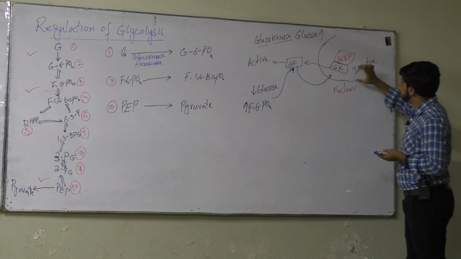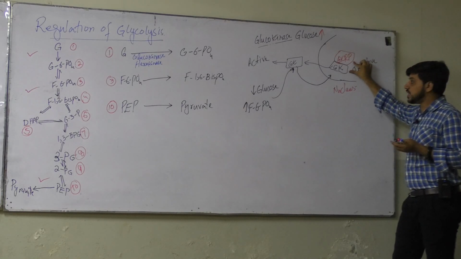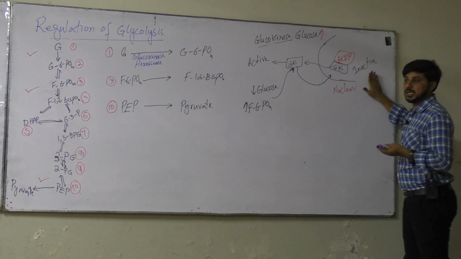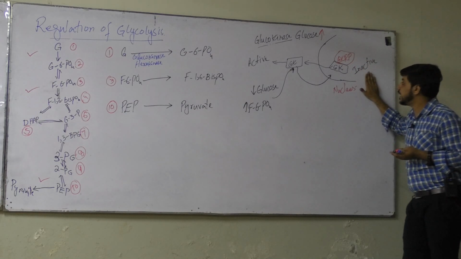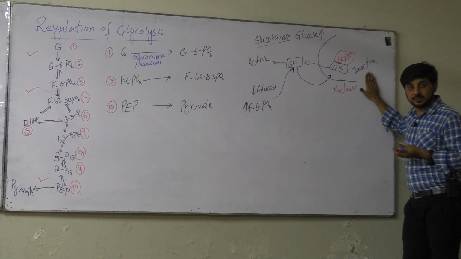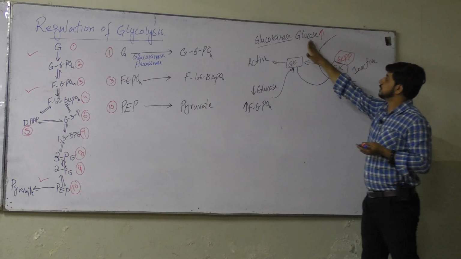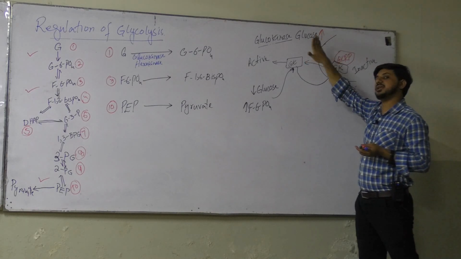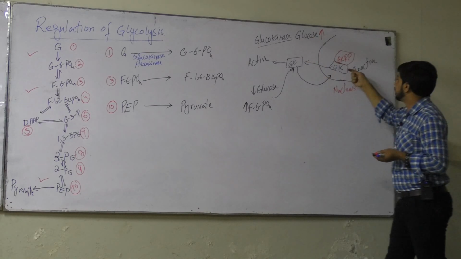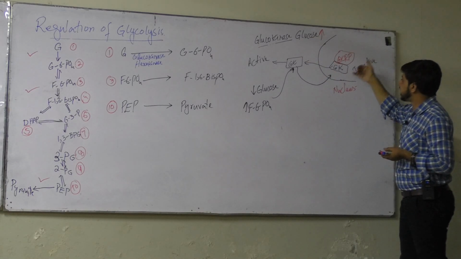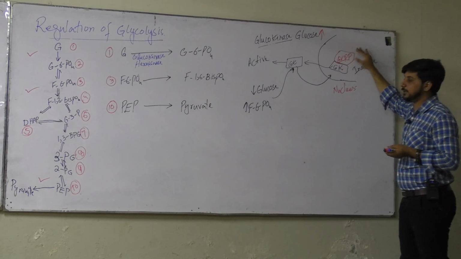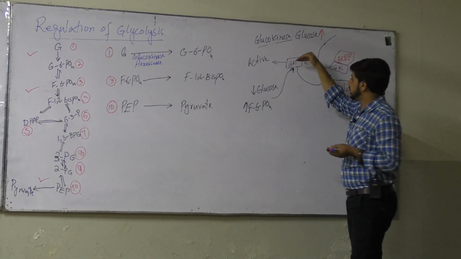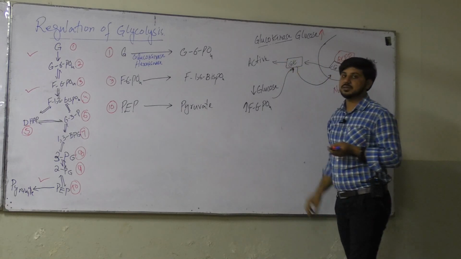And in the nucleus, when it is associated with this regulatory protein, it is inactive. When it has to be active, there must be an increased level of glucose, and as a result of this increased level of glucose, this glucokinase will dissociate itself from the regulatory protein and come into the cytosol.